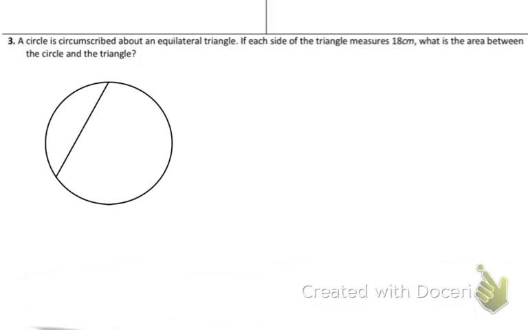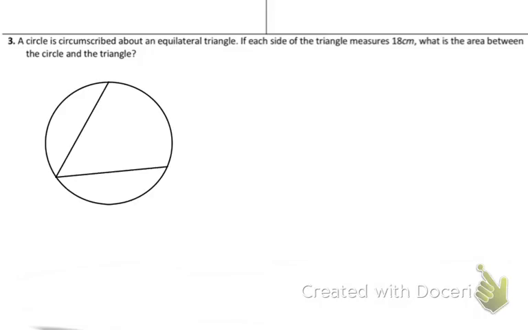All right, a circle is circumscribed about an equilateral triangle. So just using context clues, even if we're not sure what circumscribed is, it says about an equilateral triangle. So that means there's a circle going around an equilateral triangle. The easiest way to draw these is to draw your circle first, and then just kind of draw an equilateral triangle.